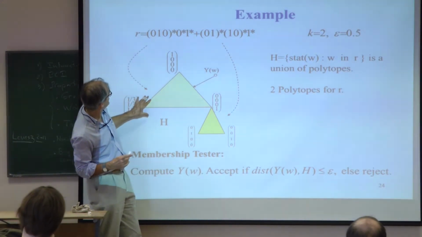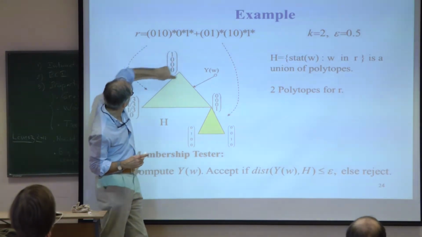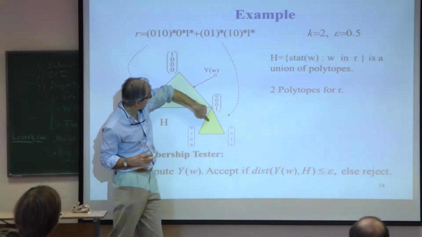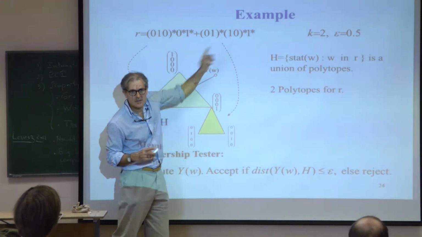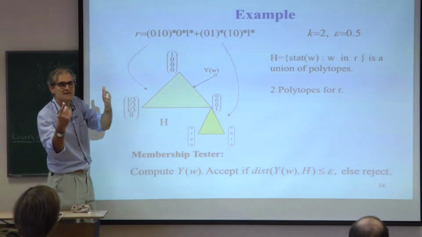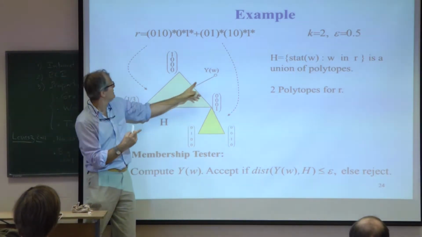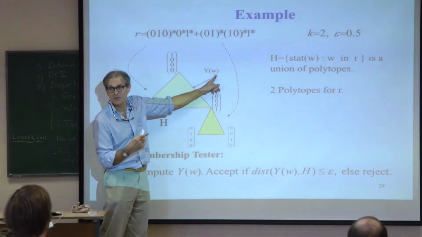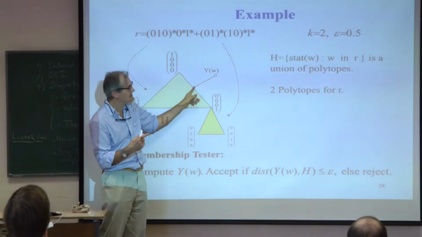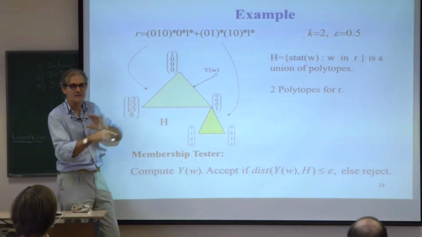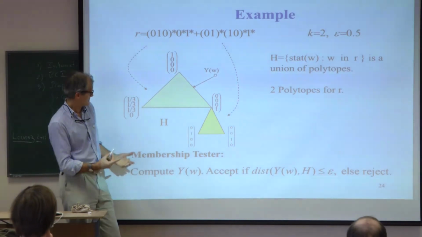So on this picture, this polytope is a polytope for this regular expression. And now I assume I have a word, and looking at the statistics by sampling, here is my position, and I know that the edit distance to move to the language is this, which I can compute by a linear program because of standard linear algebra.